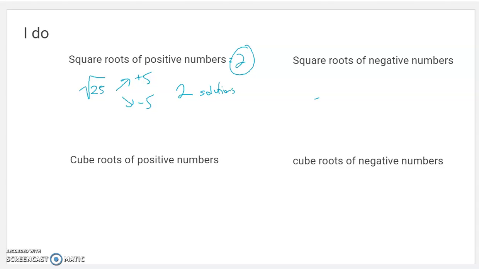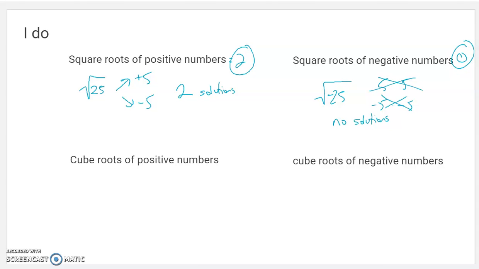Square roots of negative numbers: well, what times itself is negative 25? It's not 5, because 5 times 5 is positive 25. And it's not negative 5 either, because negative 5 times negative 5 is also positive 25. So negative numbers have no square root, so they don't have any solutions. I could put a 0 there. So that's something to know.